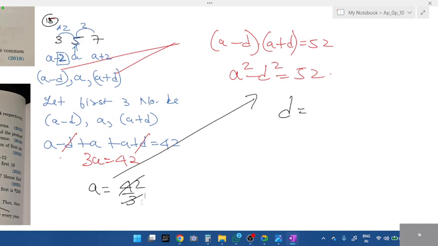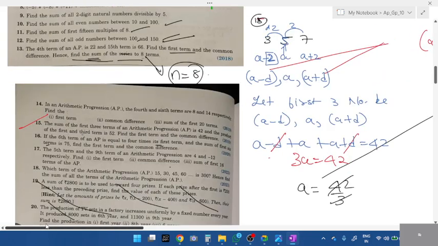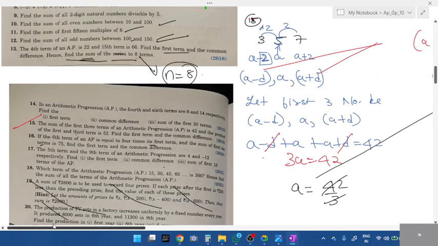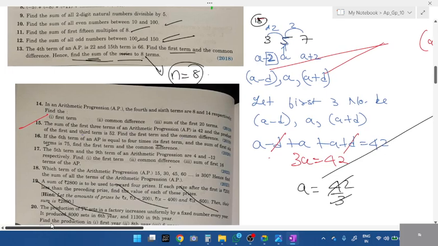Is the answer wrong, or what is D value? What is D, students? What did you all get? D as 12 is correct, but A, how is it 2? The sum of first three terms is 42, and the product of the first and third term is 52.